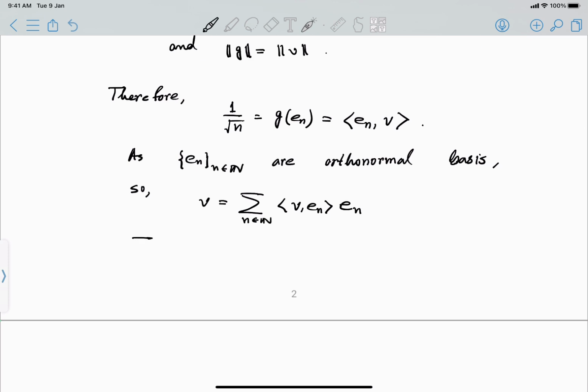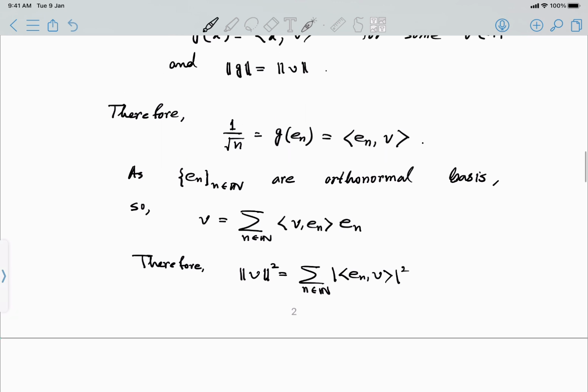So therefore, as the En are orthonormal, if you calculate the norm of v, you get the norm of v squared equals the summation over n of the modulus squared of En comma v, using the orthogonality. So this is the norm of v.